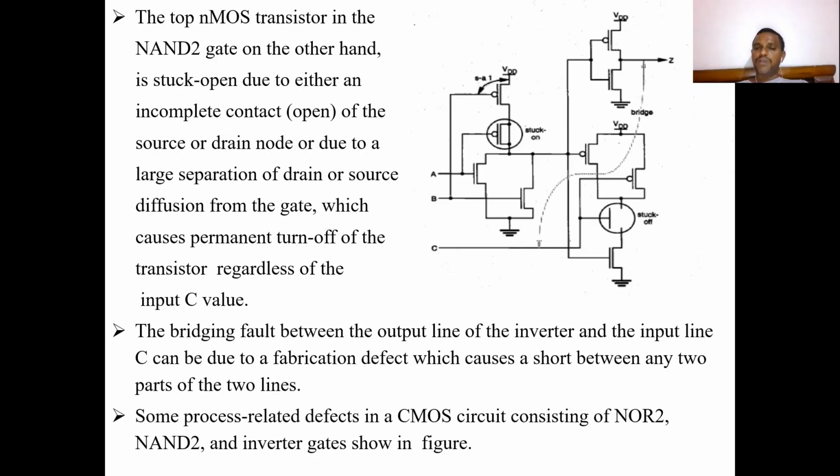At the time of fabrication, by oversight, a connection is established between Z and C, that is, the output of the inverter and the input C.